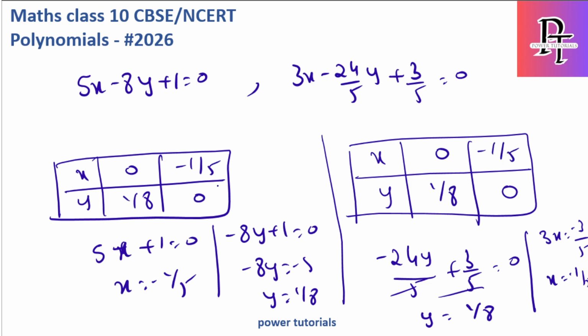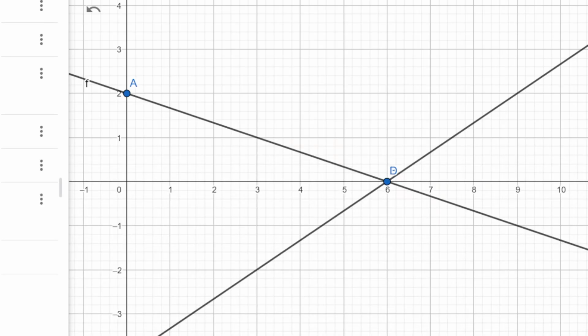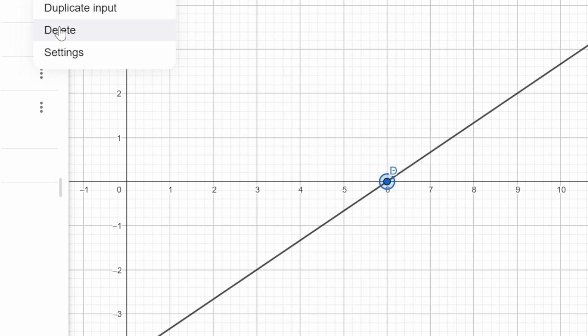Okay, here I'm not using the graph sheet, because I can directly say that I have a graph sheet and I have a first point and a second point. X is minus 1 by 5. Okay, this will be here. I will use the graph sheet and help you. Just deleting the previous points.